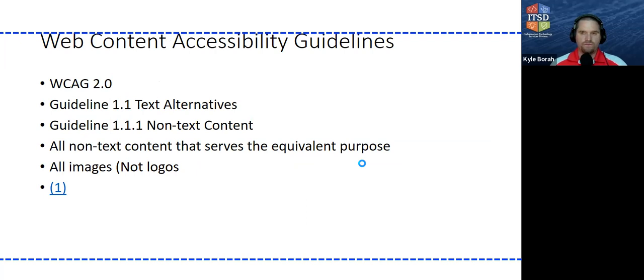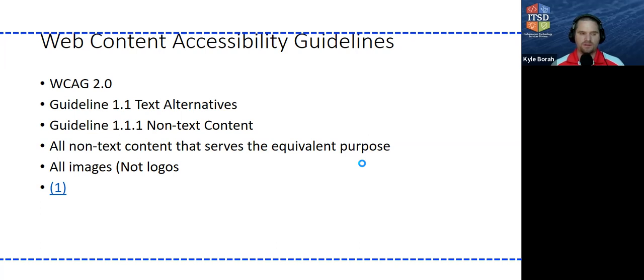The guidelines for what and where and how to include alt text are laid out in the WCAG 2.0. People call it WCAG. It is the Web Content Accessibility Guidelines 2.0. It is kind of the end all be all of everything web and accessibility.